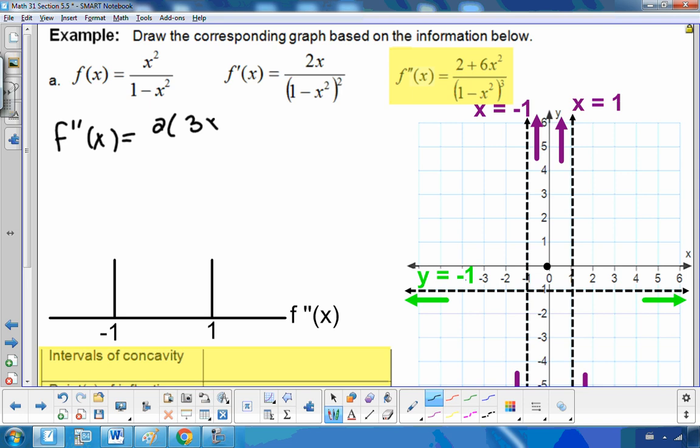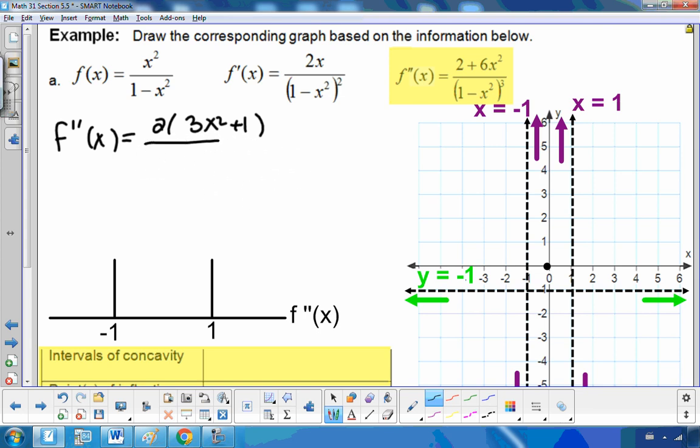And then I'm left with 3x squared plus 1 all over 1 minus x squared, which is really a difference of squares. So maybe I'll write that as a difference of squares. 1 minus x, 1 plus x, and each of them will be cubed. So cubed and cubed. So for my second derivative, looking at this, actually I'm going to do this so that I have a negative leading coefficient taken out.